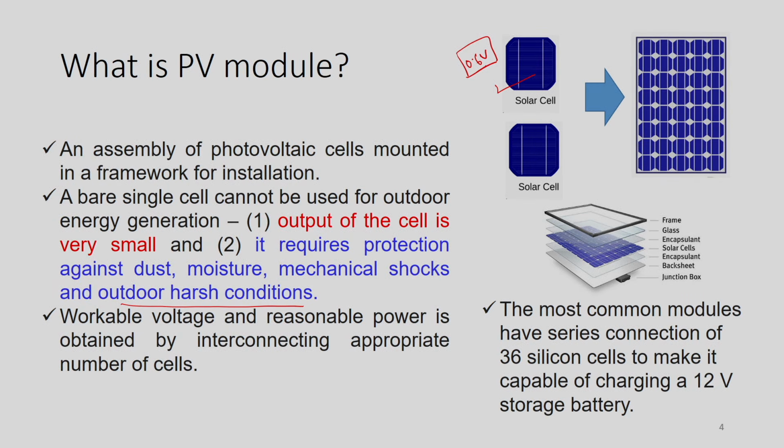If we combine many cells, then we can convert them to a module. A workable voltage and reasonable power is obtained by interconnecting an appropriate number of cells. These cells have to be connected in series sometimes, and sometimes in parallel. That has to be decided.